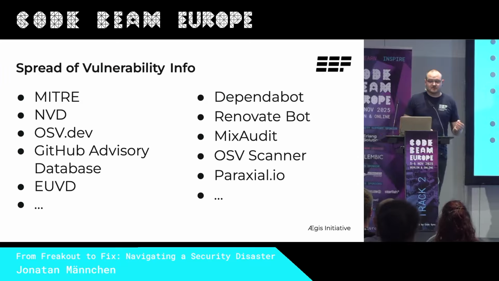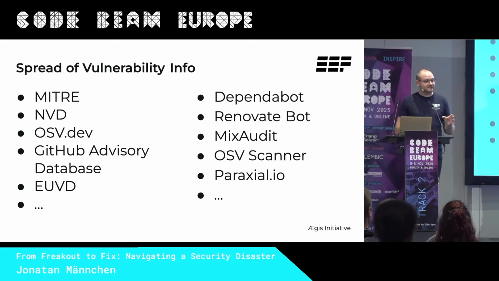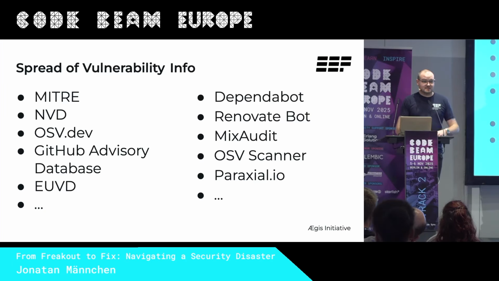Once you publish your advisory and the CNA publishes the CVE, that metadata doesn't just sit in place there. It ripples outward. Your GitHub security advisory and CVE entries will automatically feed into mitre cve.org, the US National Vulnerability Database, the Open Source Vulnerabilities Database, the GitHub Advisories Database, and 1,000 more of these.